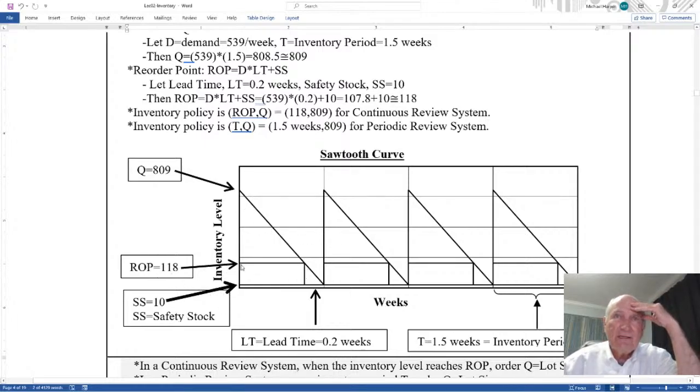The ROP is 118, and there it is. My safety stock is 10, so that's the tiny 10 right there. That 10 is carried all year long. Okay, and so here I'm ordering this. It comes down, and the time between these orders is referred to as my inventory period.